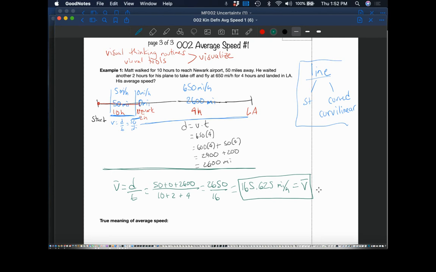So in a sense, this 165.625 miles per hour doesn't at all represent the speeds involved: 650, 0, and 5.